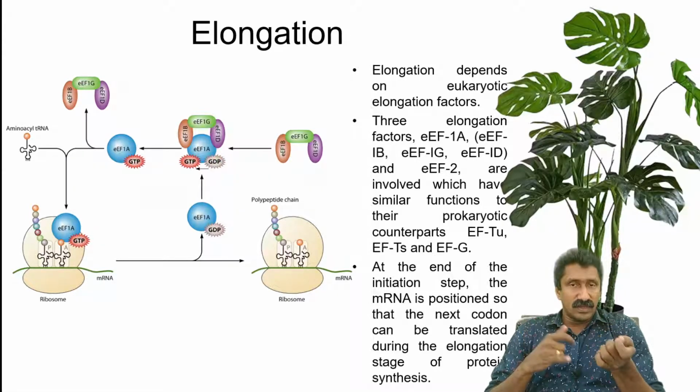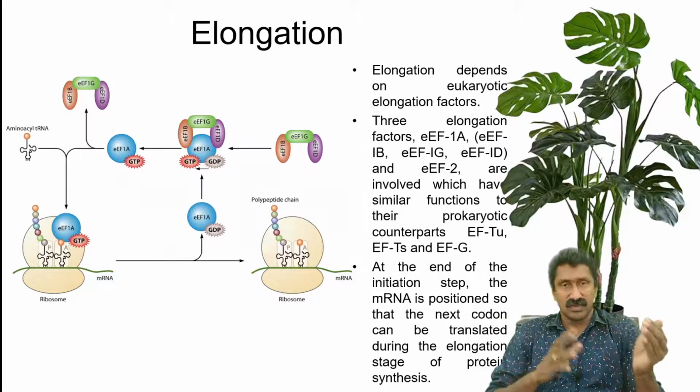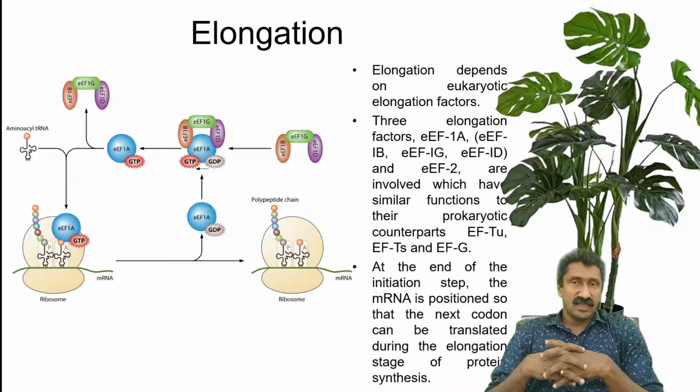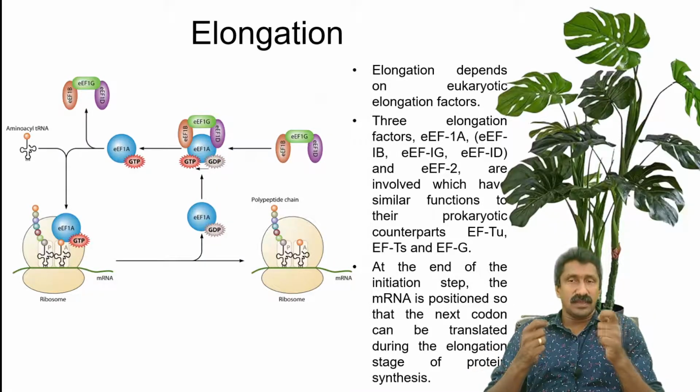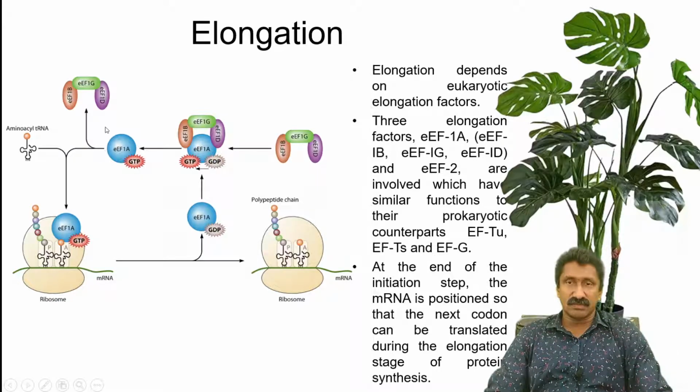For example, EFTU in prokaryotes is used for attaching to, or carrying, the amino acyl tRNA specifically into the site. The same role here is done by eukaryotic elongation factor 1A bound with GTP. In the prokaryotic system, instead of this one, it is an EFTU GTP complex.